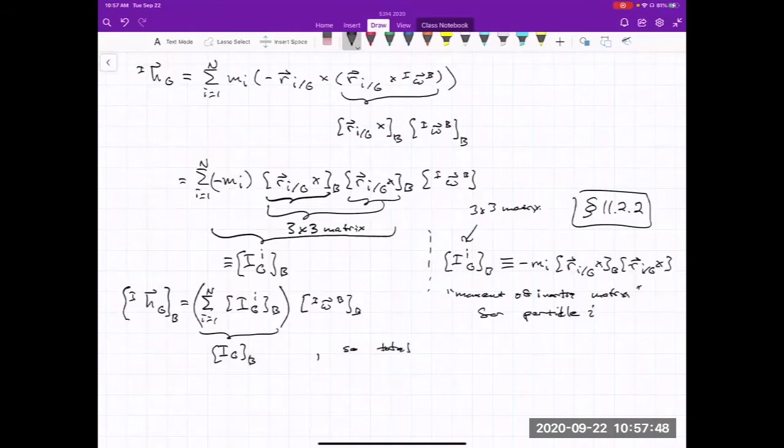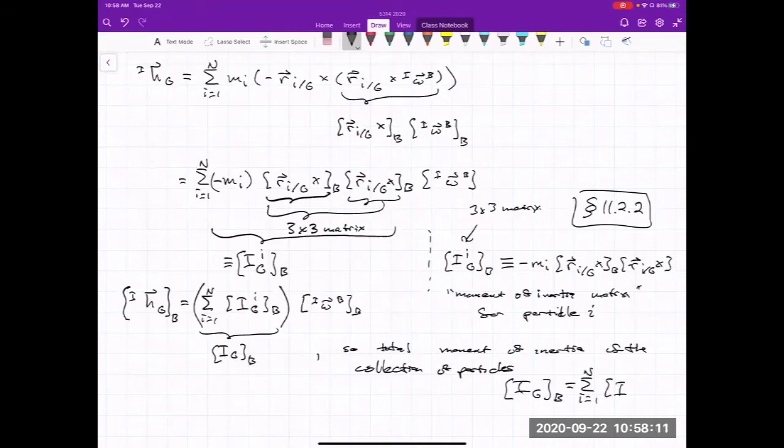So we might call it the total moment of inertia of the collection of particles, which are all rigidly attached. This is I_G with respect to the B frame, and it is the sum from 1 to n of all of the moments of inertia of each individual particle.